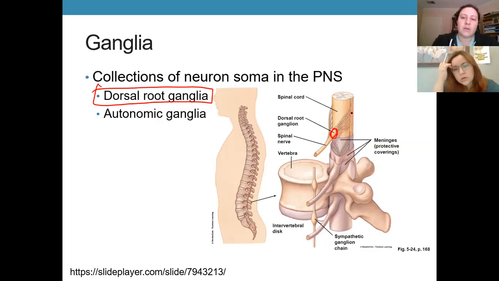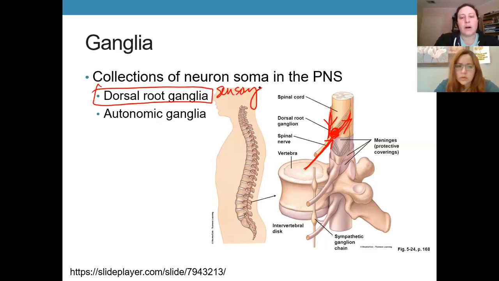So with the spinal cord, we have sensory information running dorsally, motor information running ventrally, and all that sensory information, the cell bodies of those fibers are actually here in these dorsal roots. So dorsal root ganglia are always sensory neurons.